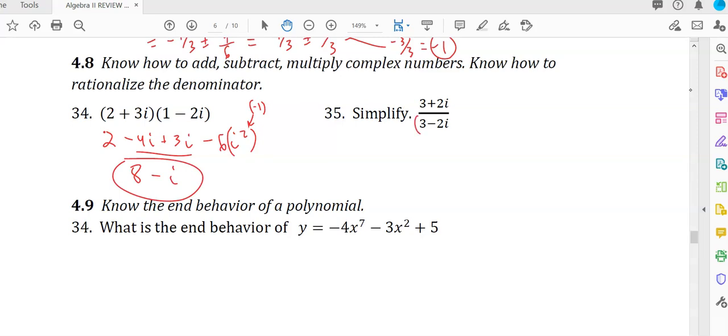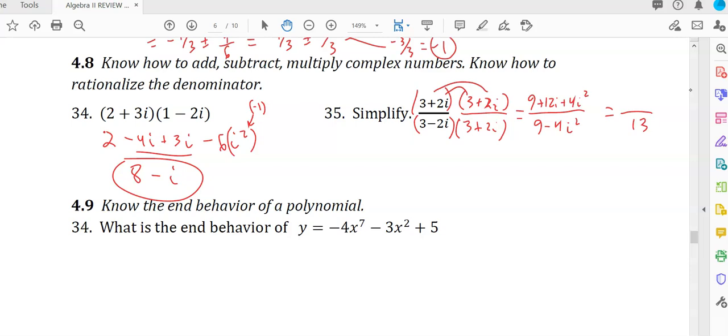This one, up top, when you FOIL that, you get 9 plus 6i plus 6i is plus 12i plus 4i squared, which is really like minus 4.